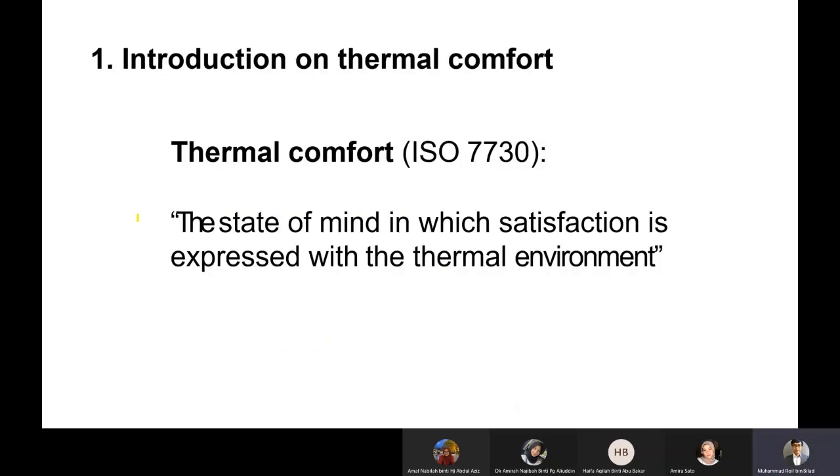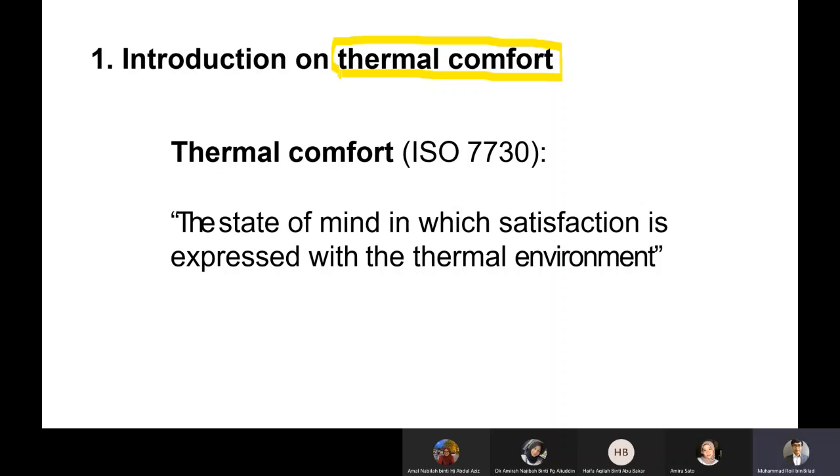Well, first of all, why do we study this thermal comfort? Remember that the energy audit we discussed in this subject is related to building, and as you know, the temperature, the surrounding in a building is highly important.